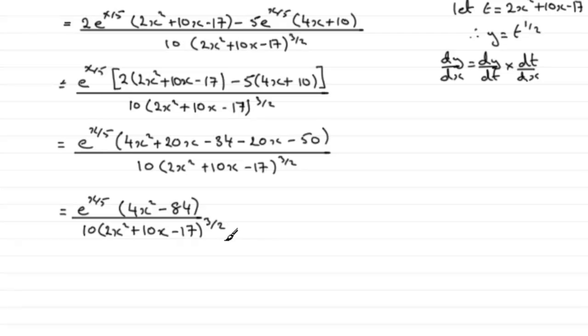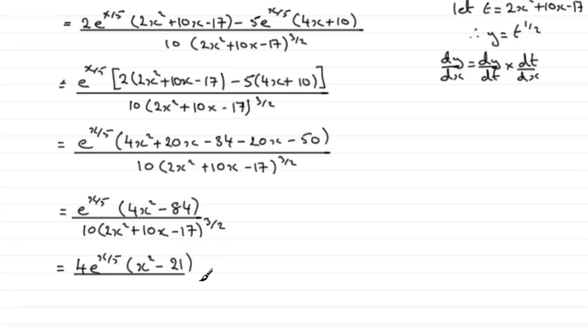Now for this bracket here, I notice that 4 is a common factor, so I could bring 4 out the front: 4e to the power x over 5. Pulling 4 out leaves me with x squared minus 21.